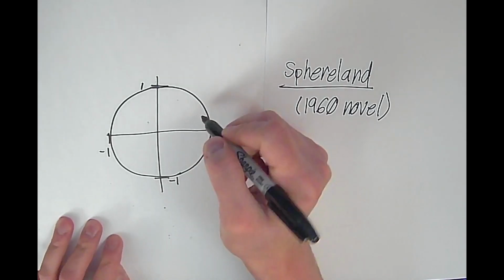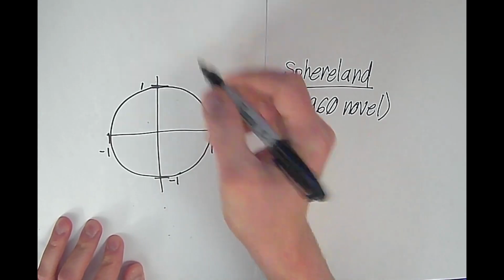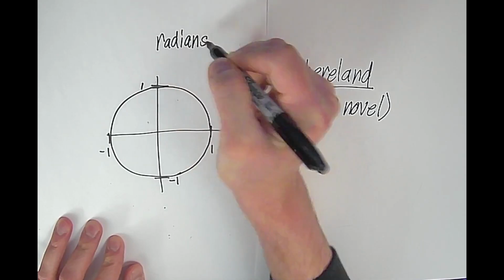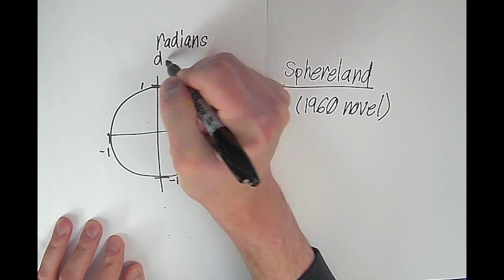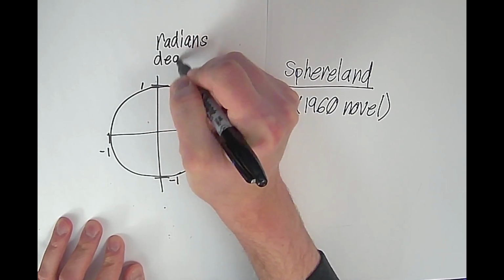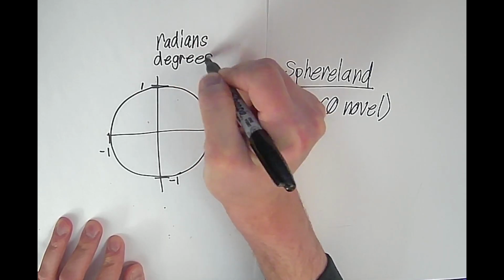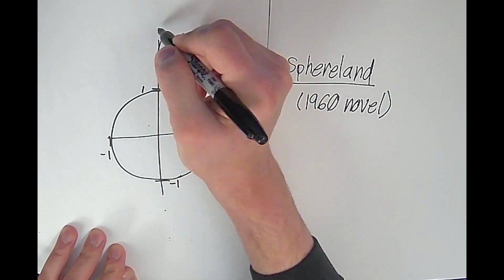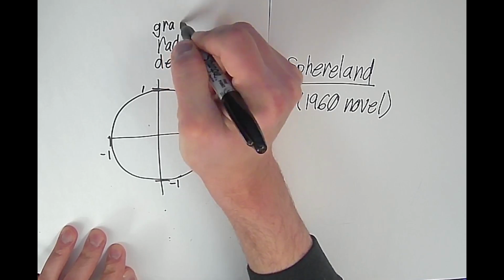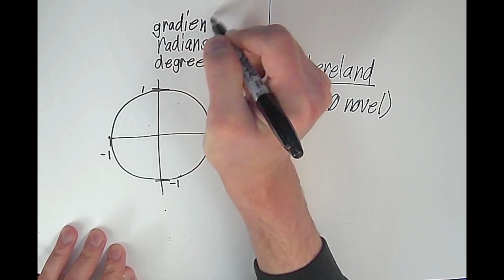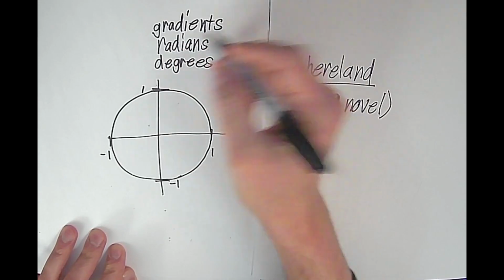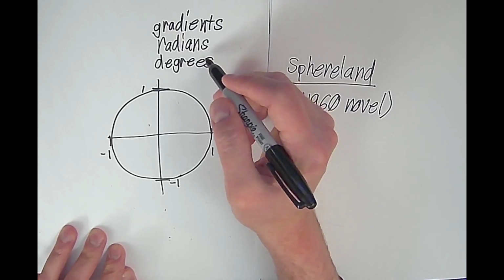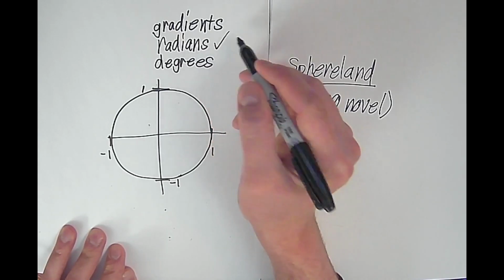2 pi radians. So radians and degrees. There's also gradients. Radians, degrees, gradients. But these are all the units of measuring angles. And mathematically, the one that's most elegant to work with is radians.